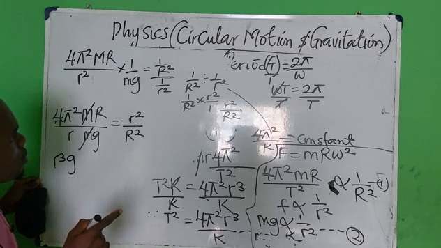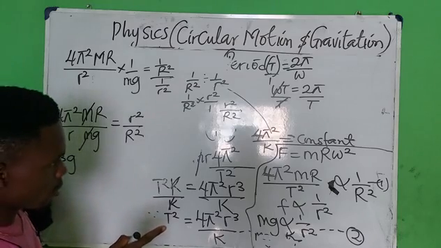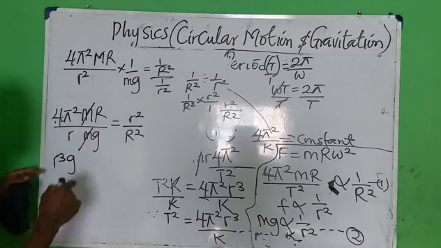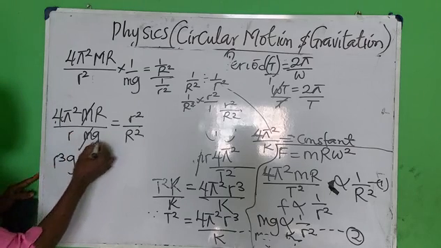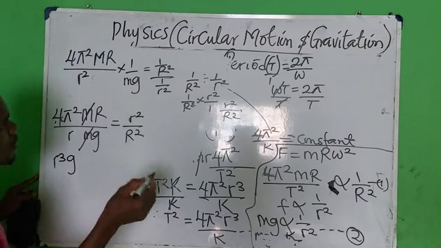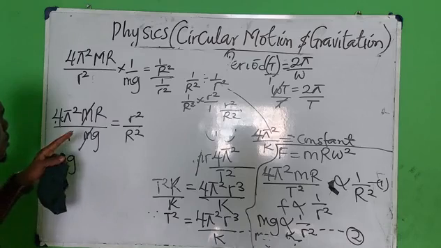Where is the initial r? It cannot be this, okay. So you now have that r cube is equal to, I think we've passed the place. I don't want to go back. If I go back, it will affect us greatly.